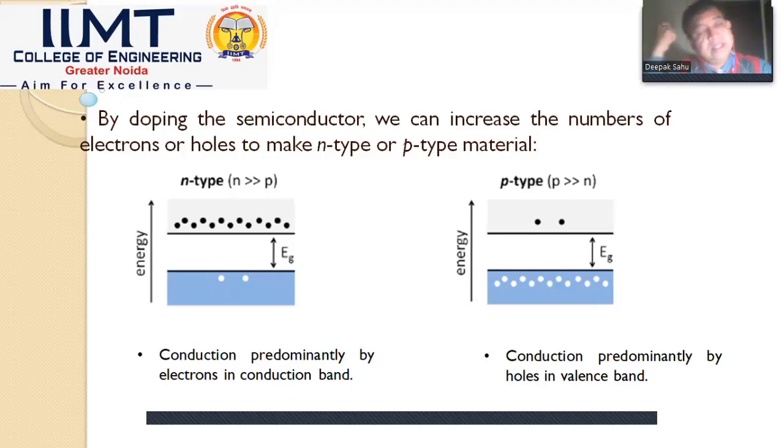These create an excess of electrons, and these excess electrons work as carriers, and carrier electrons can only exist in the conduction band. So in the first diagram, in the N type, excess electrons are available only in the conduction band, and few holes are available in the valence band.